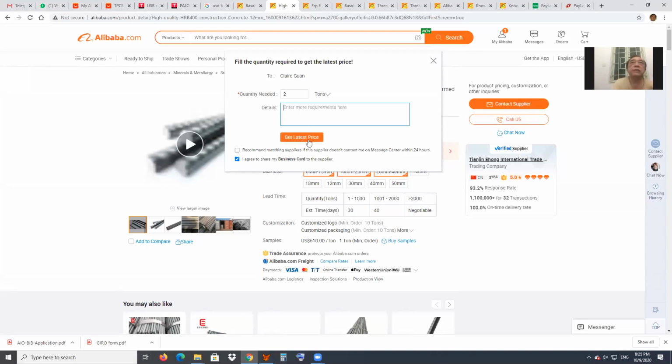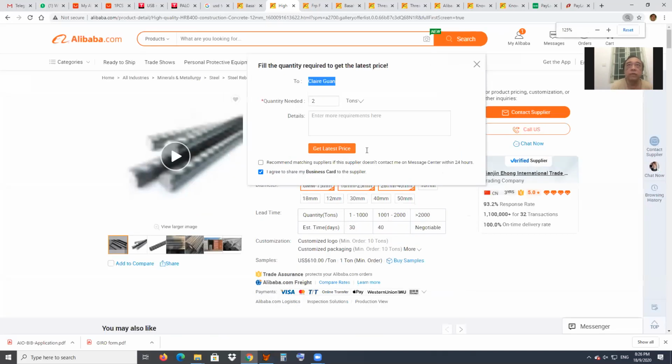Then when you click, this message will be sent to this person. Then if you tick here, it says recommend matching suppliers. Oh, sorry, you probably cannot see. I have to make it bigger.